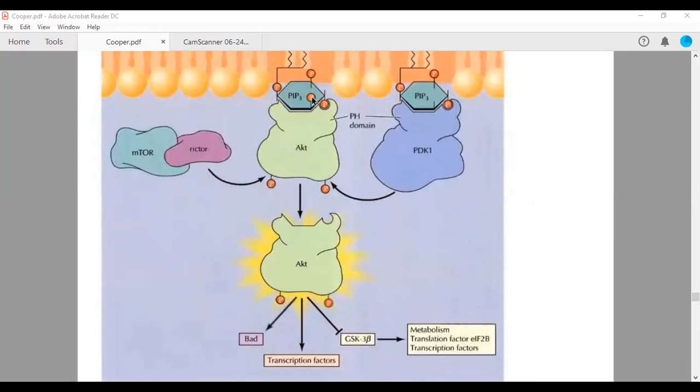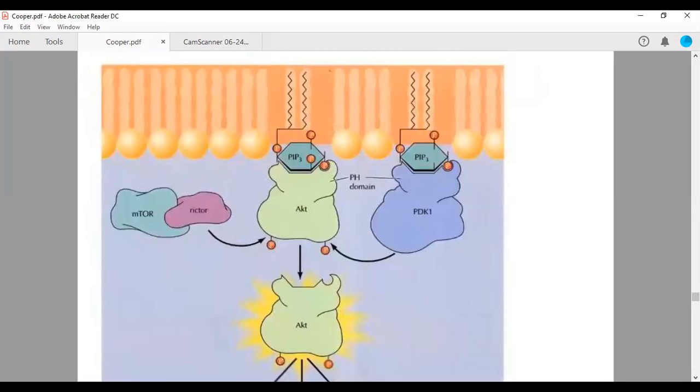So if it has 3 phosphates at the 3, 4, 5 positions, they are able to interact and localize over the plasma membrane. So this PH domain will help in the interaction with PIP3 in a similar way as SH2 was helping with the interaction with phosphotyrosine, for example.